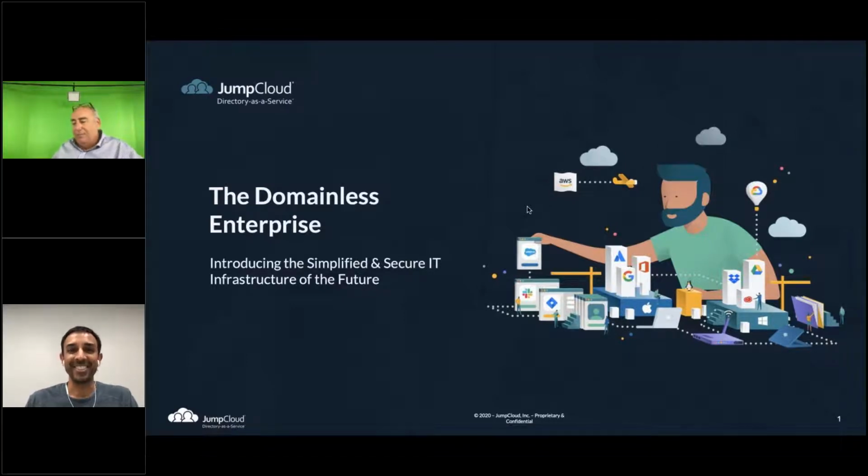It's had a tremendous run as it's redefined and what has become now we're going to call the Domainless Enterprise. But really it's about one of the biggest monopolies in technology, which was Microsoft's AD technology, right? Active Directory. And as we've moved to the cloud, that, like so many other technologies and near monopolies, has been disrupted. So we're going to talk about what that means in terms of this Domainless Enterprise.